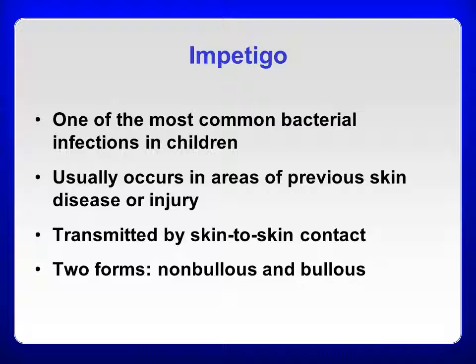So be able to differentiate between the non-bullous and the bullous presentation. Both of them have some similar qualities. However, bullous impetigo typically presents with moist red skin and then progresses to larger vesicles during the presentation.